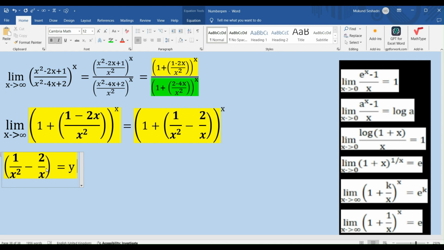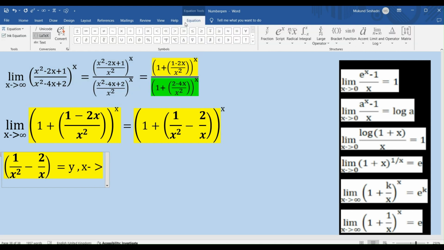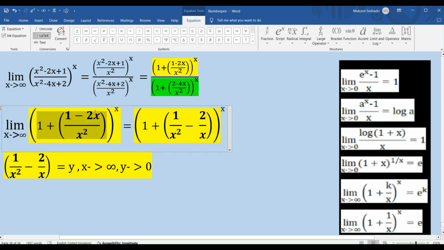As x tends to infinity, your y will tend to 0, right? This is what we saw in the previous step. So if I want to rewrite this expression, how do I do that, right? So let me copy this again. Let me write it out here.